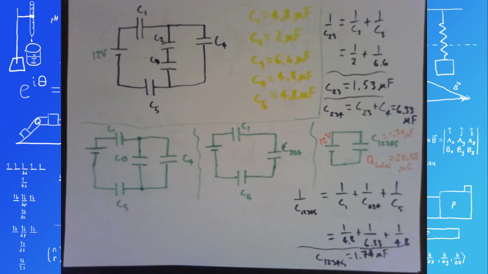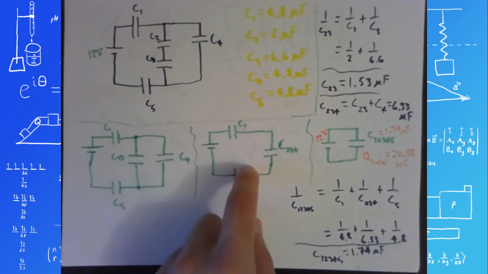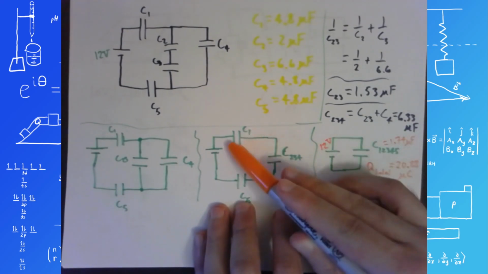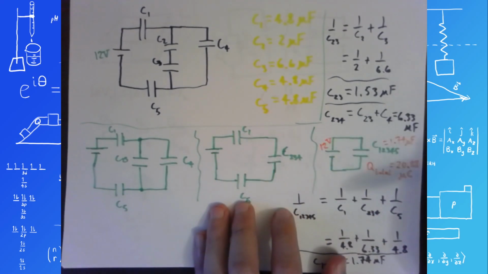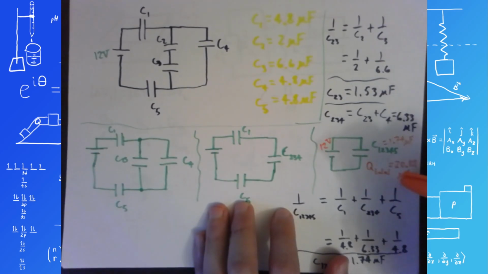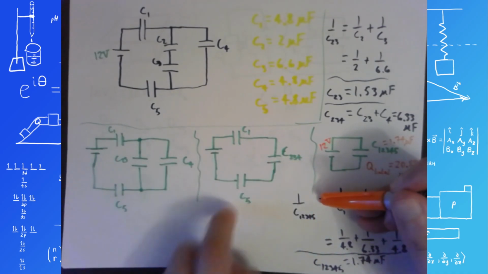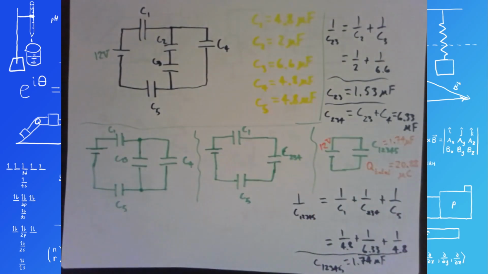Okay, so now I know the total charge and the total voltage across our equivalent capacitor. Now let's work backwards and go here. Going here, 3 capacitors that were in series added up to this. What do capacitors in series have in common with their equivalent capacitor? They share the same charge. So the charge on C1 and the charge on C234 and the charge on C5 is 20.88.